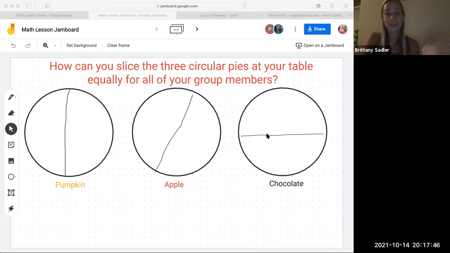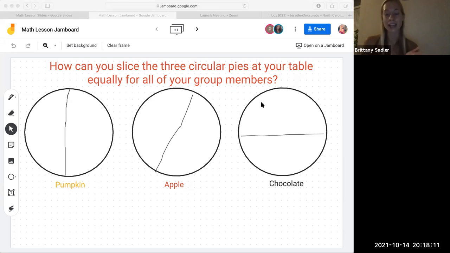So thank you all so much for helping me slice those pies quickly. Unfortunately, I do have some bad news, and I spoke to the principal while you guys were problem solving, and she's only allowing each student to have 2 slices of pie instead of 3. So each of your group members, between the 2 of y'all, will have to choose which 2 flavors you prefer to have.